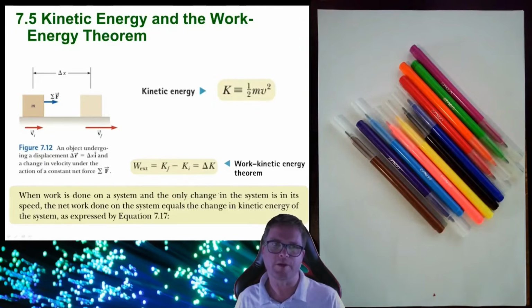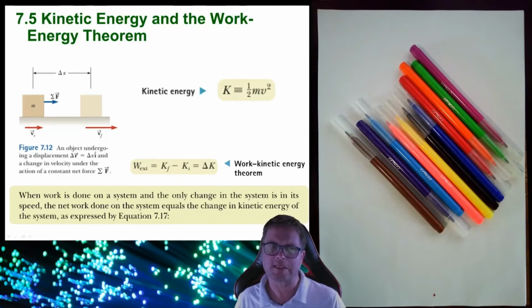So what we're going to be looking at next is kinetic energy and the work energy theorem. What we have here is a block of mass m, and the block is being acted on by some forces, perhaps a number of different forces. The block has an initial velocity of vi, but because of these forces, it has some final velocity of vf, which isn't the same.